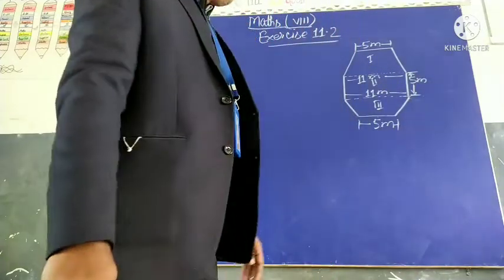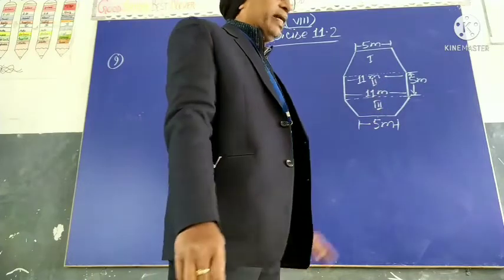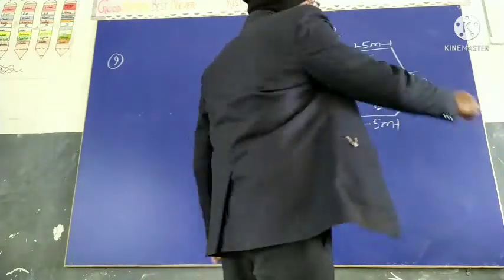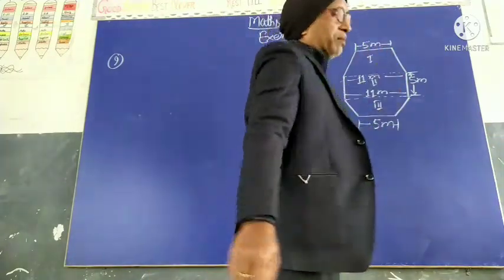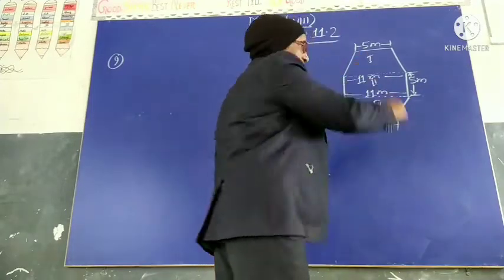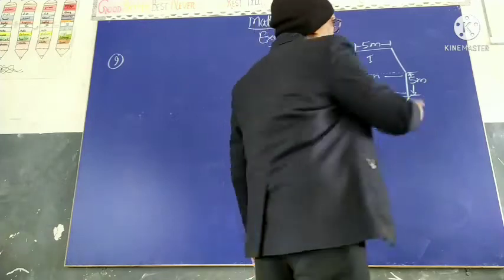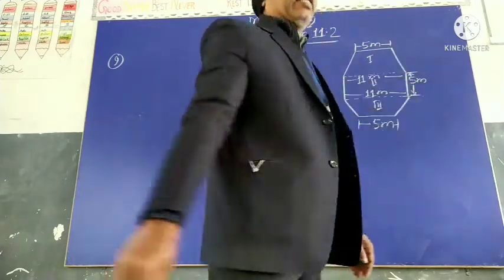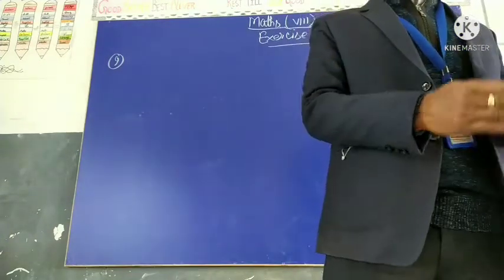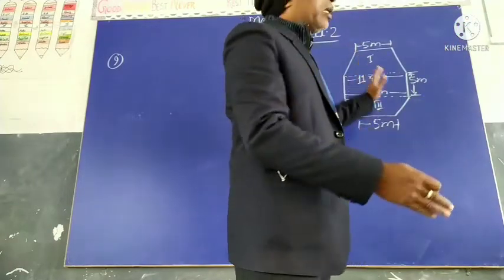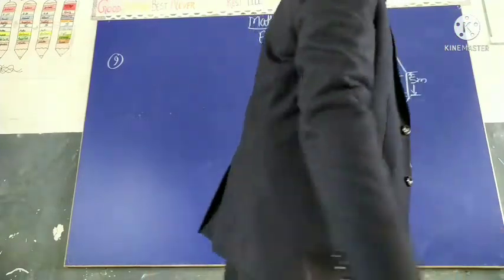You have 3 parts in this figure. First and third are trapezium shaped, and second is rectangular in shape. You find out all these parts' areas and add, you get the area of the octagonal surface. Clear?